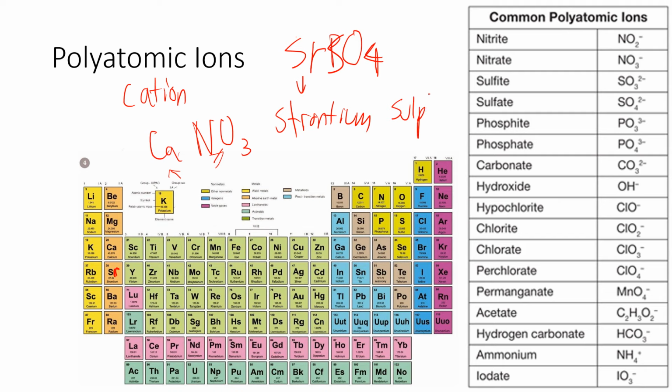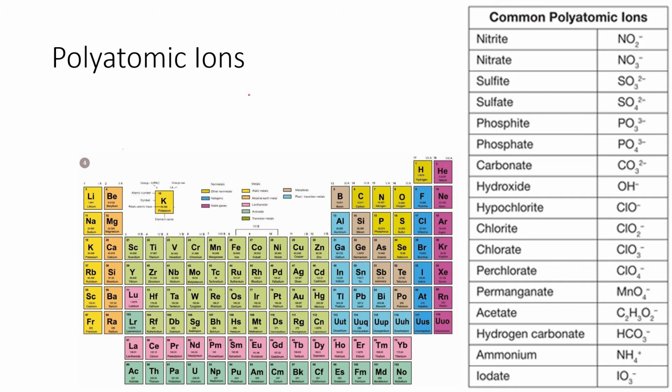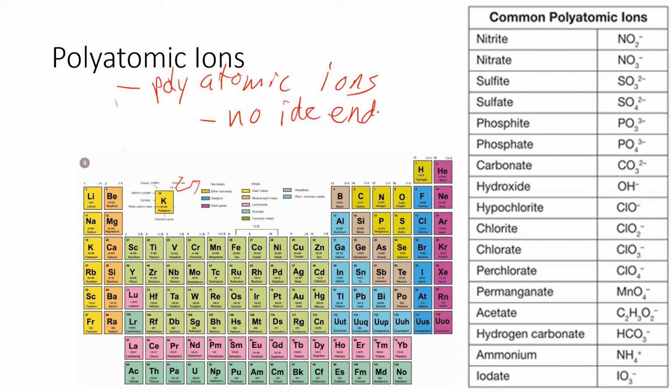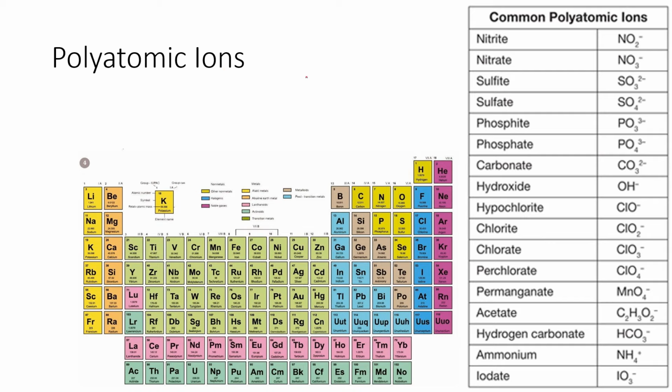And you don't add the IDE when we deal with polyatomic ions. That's very important. You don't change the ending. You just take the first element, the cation, and then the last element, the anion.